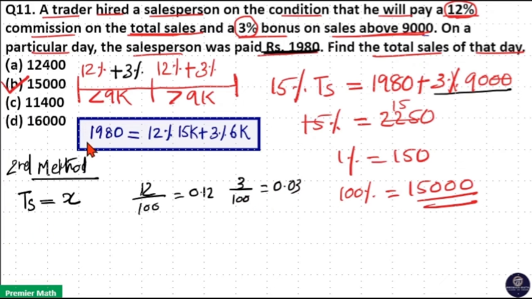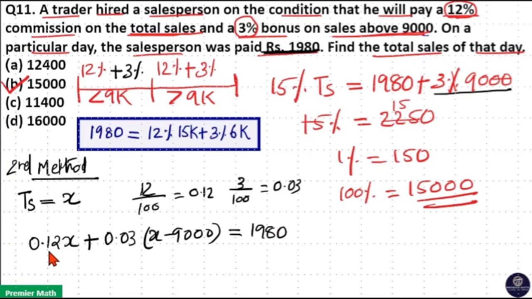So he gets 12% of total sales X, that is 0.12 into X, plus 3%, that is 0.03 into sales above 9,000, means X minus 9,000. Here total sale is 15,000. Sales above 9,000 means 15,000 minus 9,000, 6,000. So which is equal to 1,980.